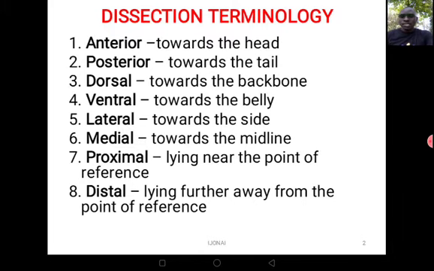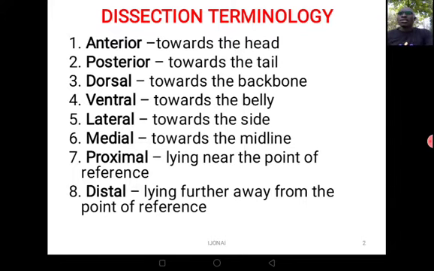Then we have lateral. Lateral means towards the sides. So that is the lateral location, towards the sides of the body. Then medial, from the word middle, it simply means towards the midline. That is medial. Then we have proximal. Proximal means lying near the point of reference.